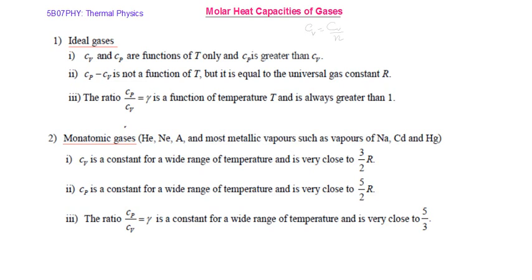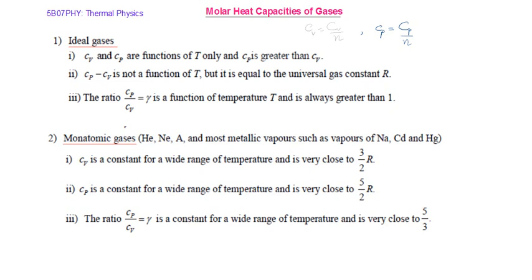In the same manner, the small cp, molar specific heat capacity at constant pressure, is equal to capital CP by n, the heat capacity at constant pressure divided by the number of moles. So these are specific quantities, just remember that.